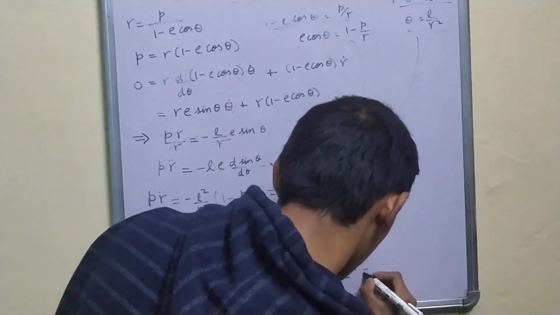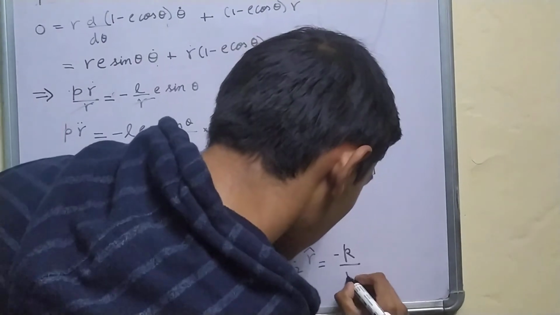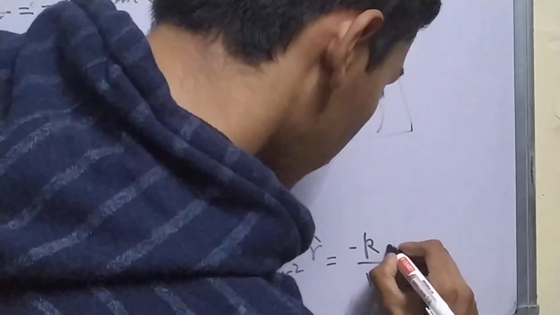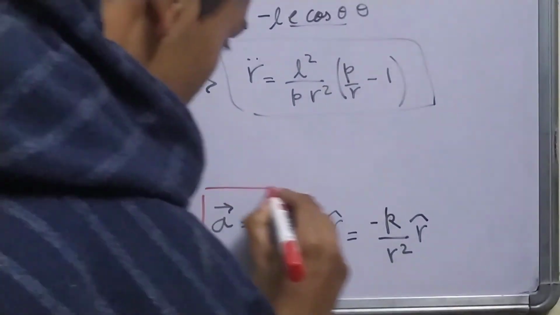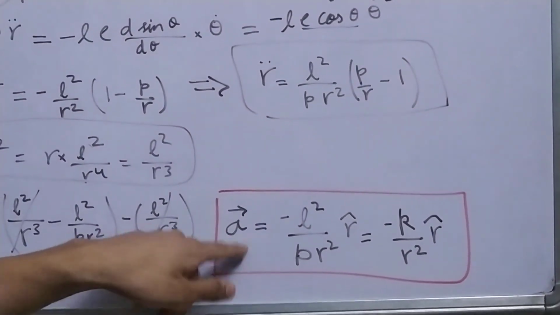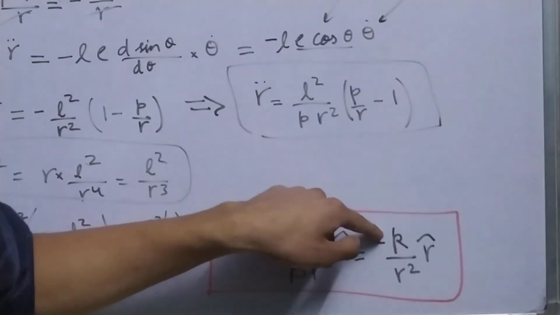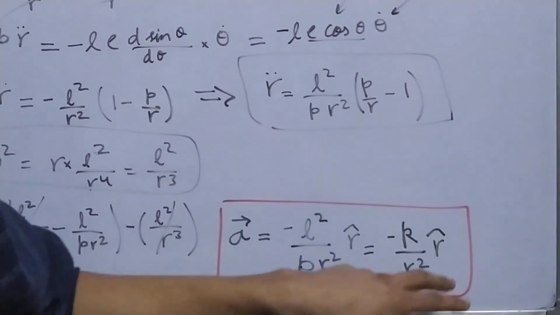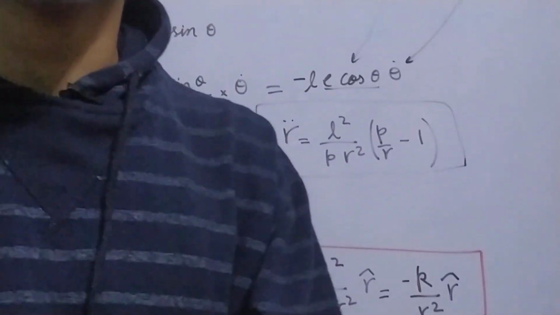Therefore we can write the acceleration as minus k upon r square, where k is another constant, r cap, and this is very crucial. This means that your acceleration is some constant divided by r square in the minus r cap direction, radially inward.